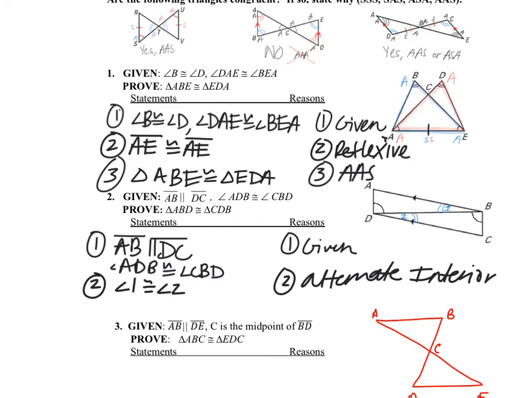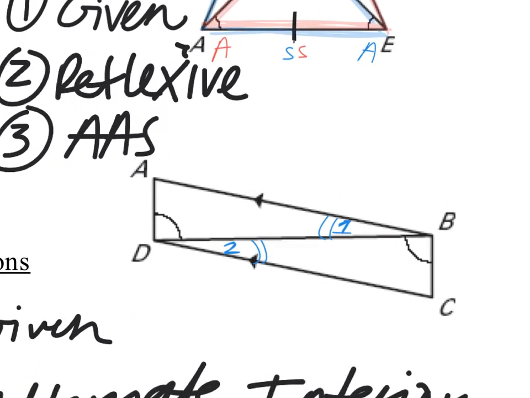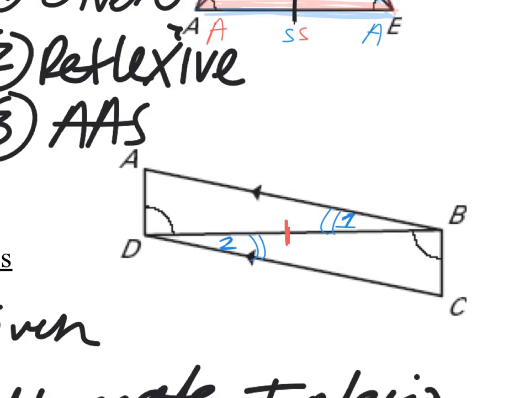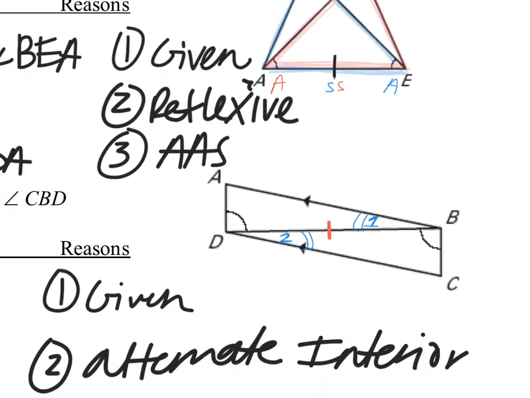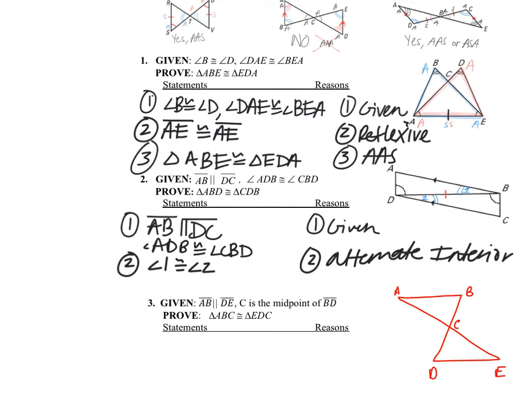And you have 2 angles, you still need a side. Mac, where do you think we can get a side? Probably the middle one. This one in the middle, your reflexive shared side. So you can say that DB is congruent to itself.